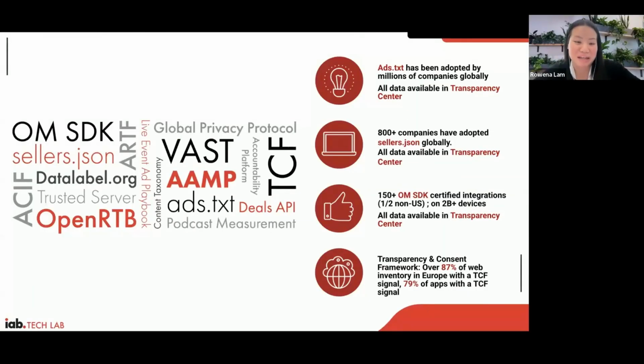We steward many specifications, and not just ones related to privacy. Some you may be intimately familiar with are OpenRTB, sellers.json, OMSDK, and our AMP initiative. And in the world of privacy, things like the technical specifications for TCF and GPP, the Global Privacy Protocol, etc.